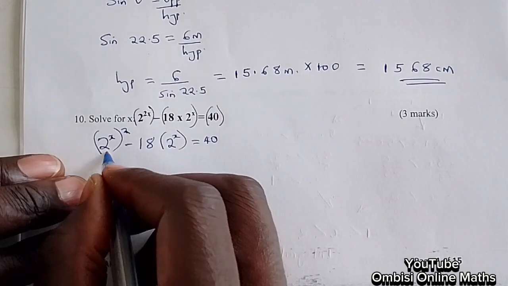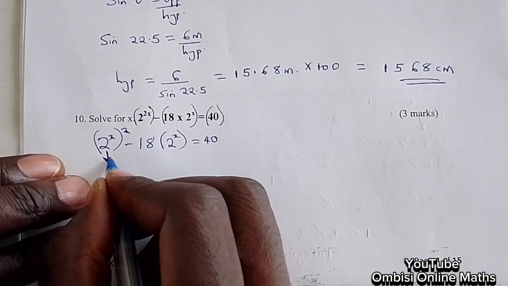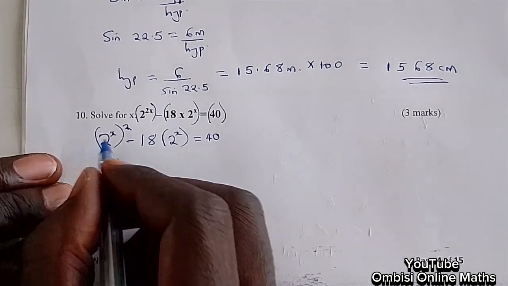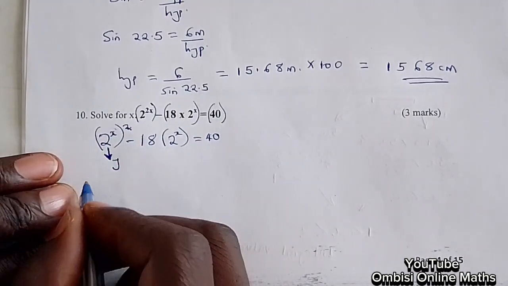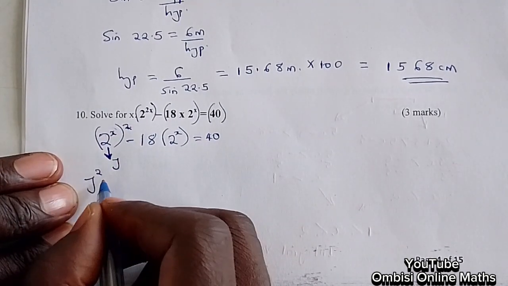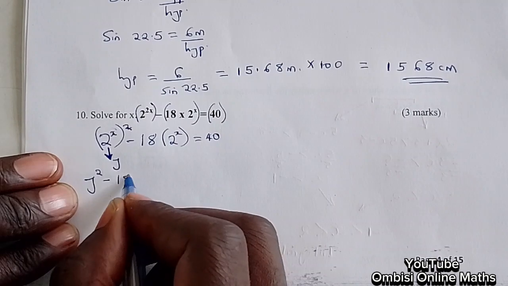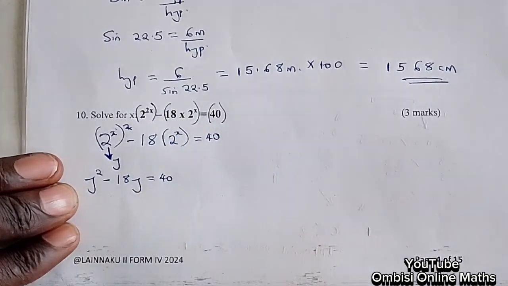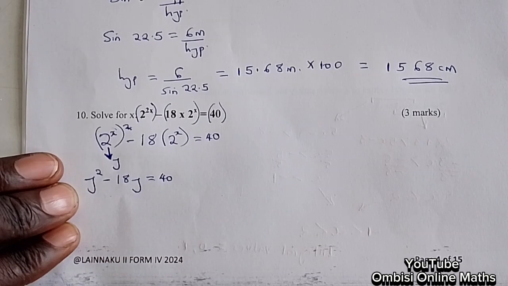Now, we are going to let 2 to the power of x be a letter y. So this one is y squared minus 18y equals 40. Subtract 40 from both sides.